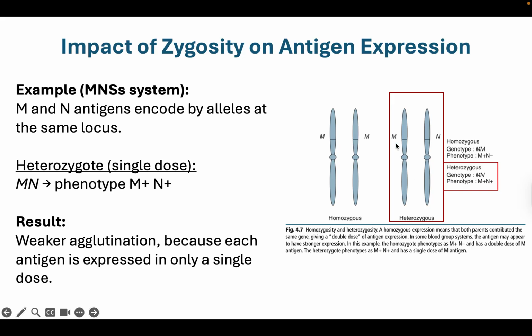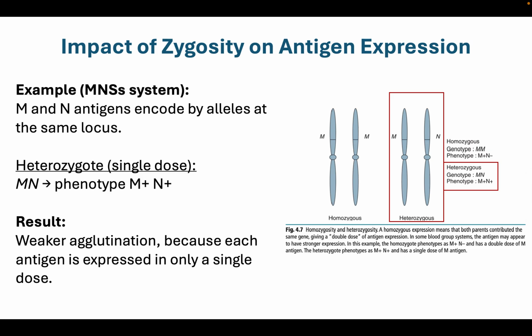That means I have a single dose of M and a single dose of N antigen on the red blood cell. This is how we write the phenotype, M plus N plus. The result, I will have a weaker agglutination because each antigen is expressed in only a single dose.